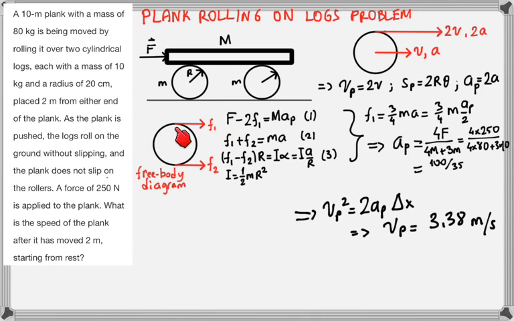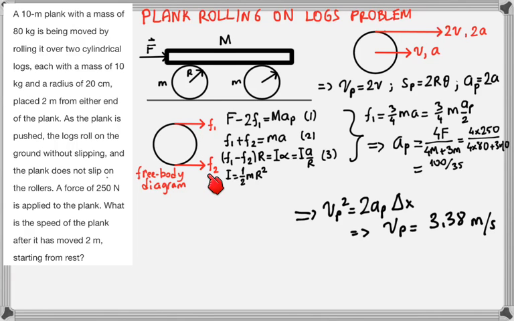That means the direction of the frictional force must be to the right, in the direction of the plank. This is something we know from our earlier spool problems. And this is always in the direction of the motion of the center of mass of the cylinder. So these are F1 and F2.